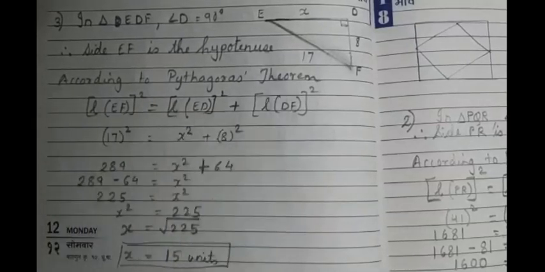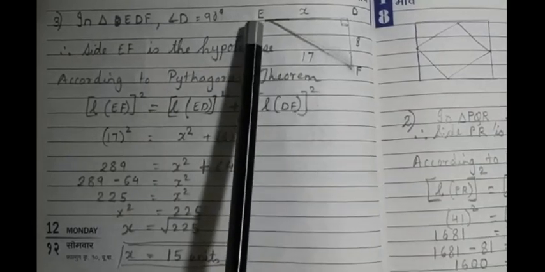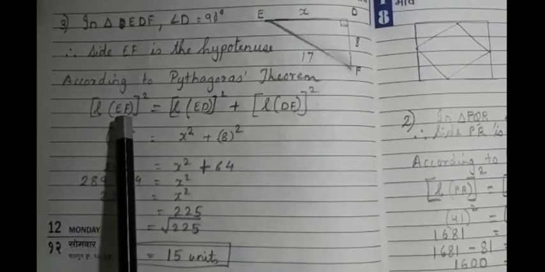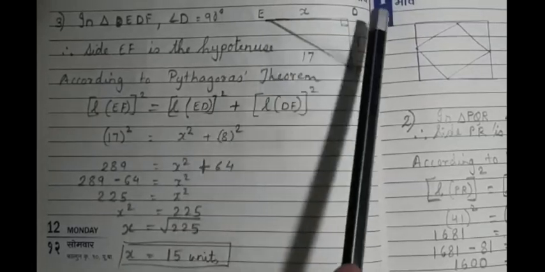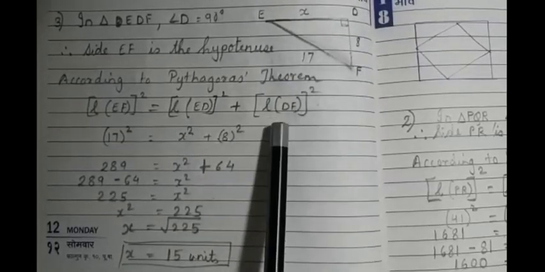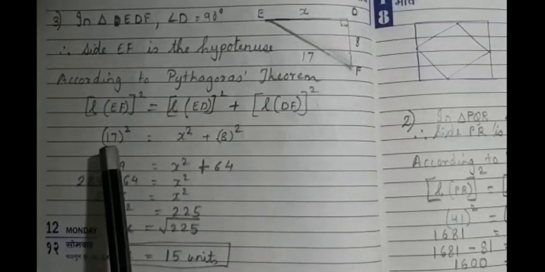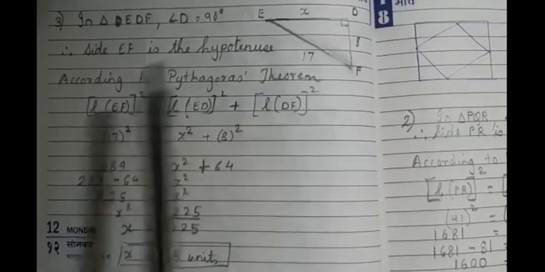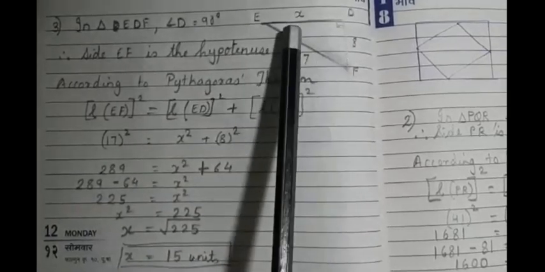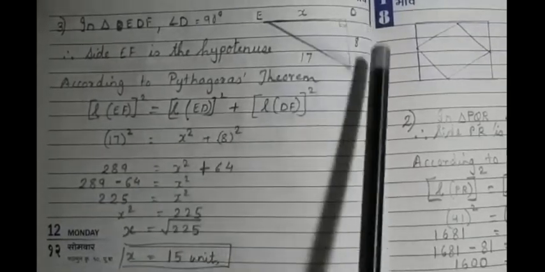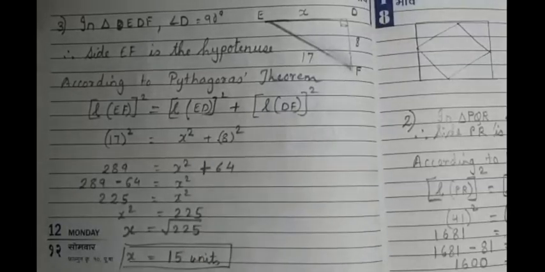According to Pythagoras theorem, length EF square is equal to length ED square plus length DF square. Now after substituting the value, EF is 17, so we wrote 17 square. ED is x, so we wrote x square, and DF is 8, so 8 square.